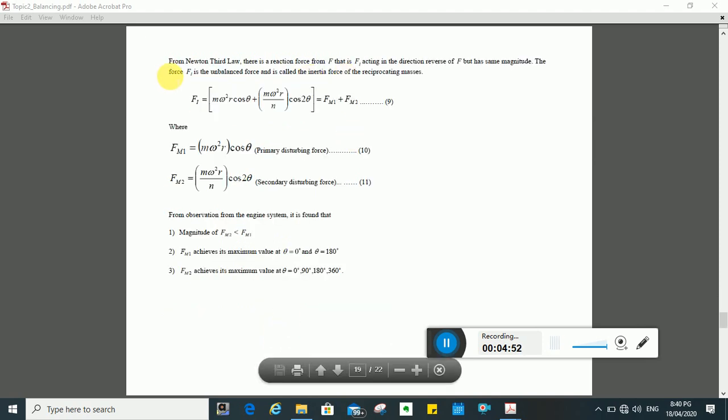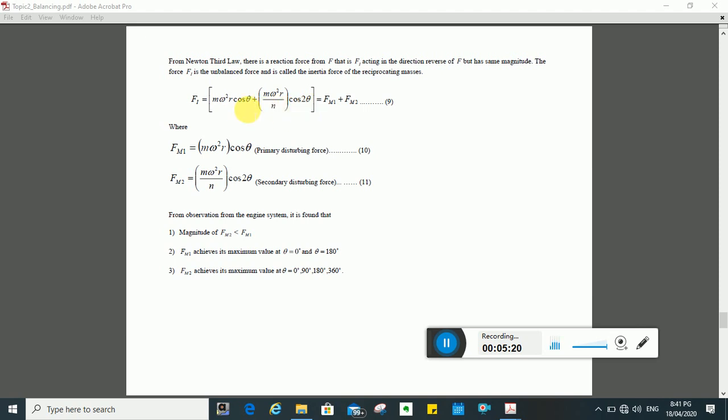Okay, from Newton's third law, there is a reaction force from F, that is F1, acting in the reverse direction of F but with the same magnitude. So from that formula, we can say that the first part here is the primary disturbing force, m omega squared r times cos theta.